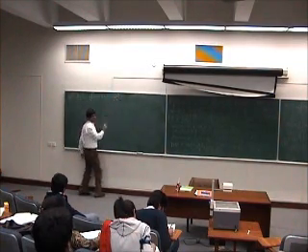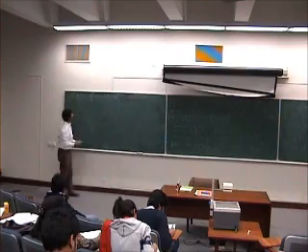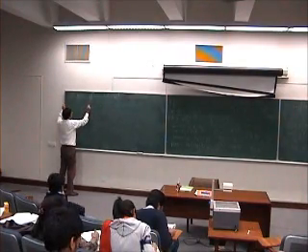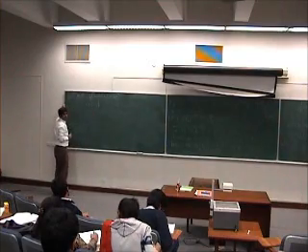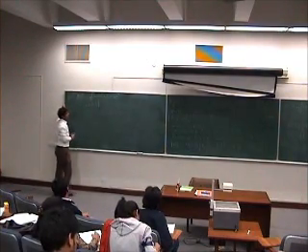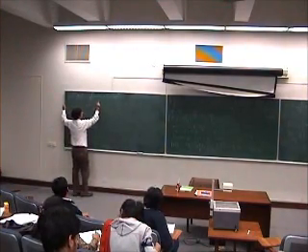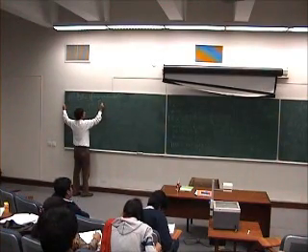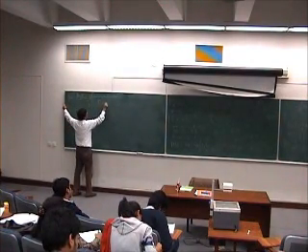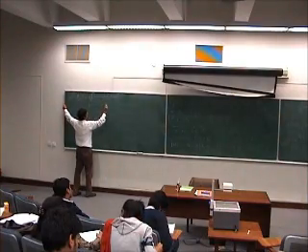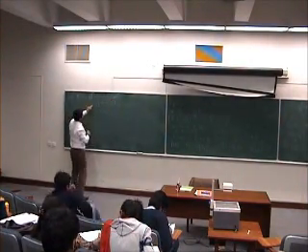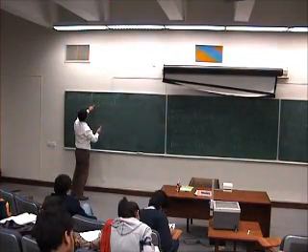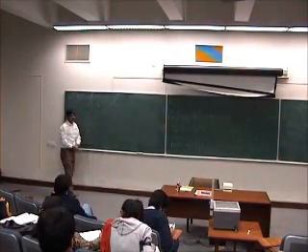Correct? If I take 1 minus iota as common, I get alpha. Is this correct?